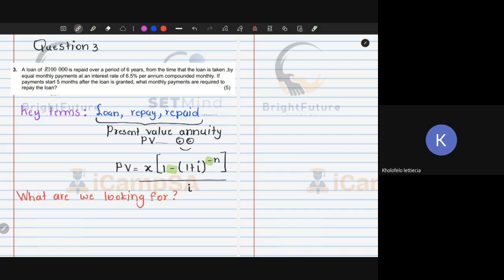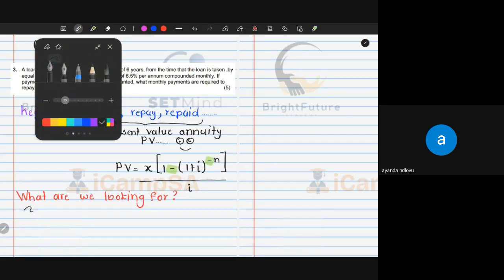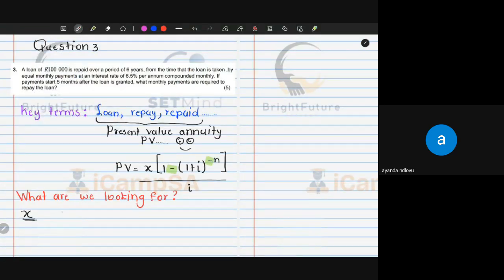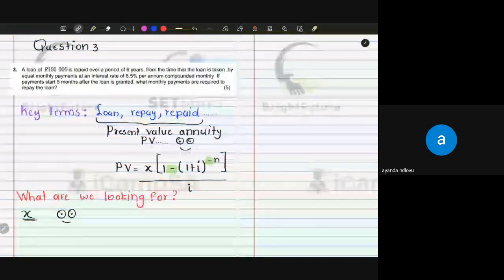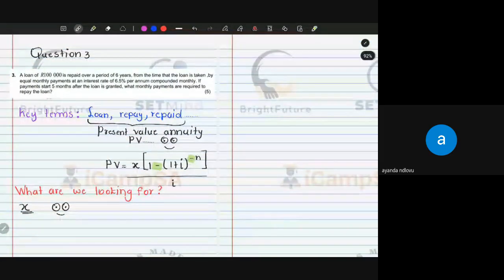If you look at the last sentence, they say, if the payments start 5 months after the loan is granted, what monthly repayments are required to repay the loan? So what are we looking for, guys? We're looking for the X. You guys are geniuses. This is the only X you should look for, okay? This is a good one.